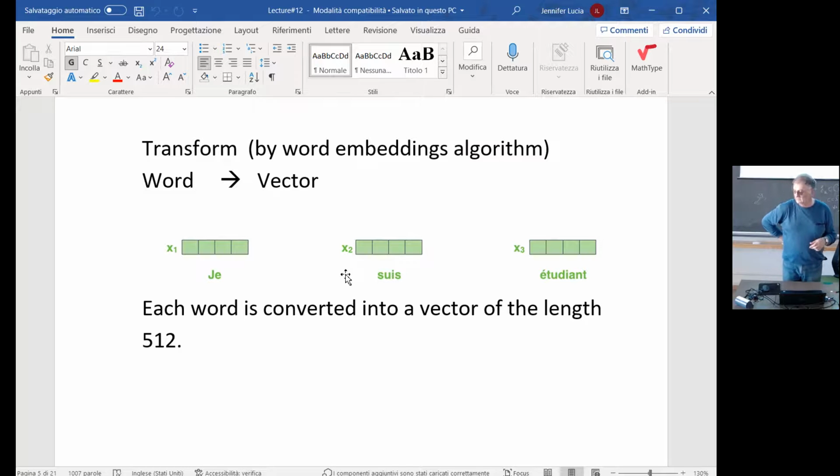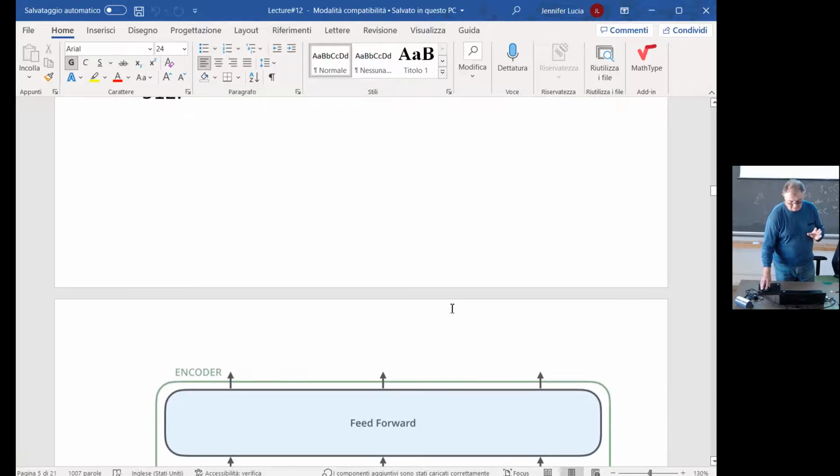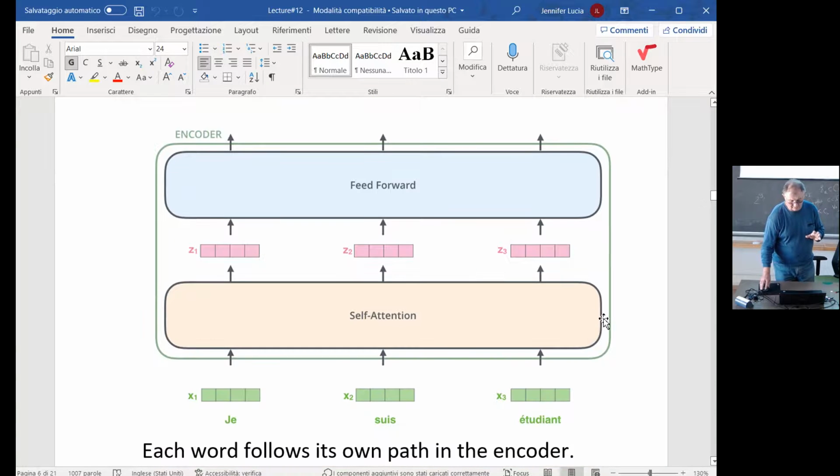Of course, the token is not the best invention because, for example, we can codify the word universe, but it can mean universal, university, or universe. Three different words, but it is a small problem. We don't bother about it.